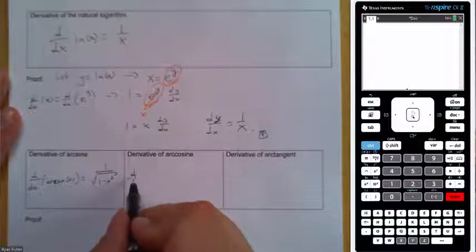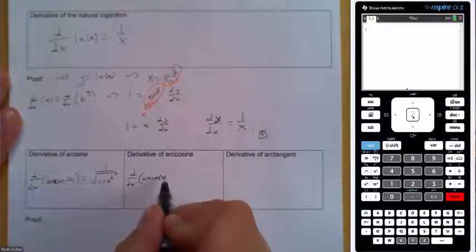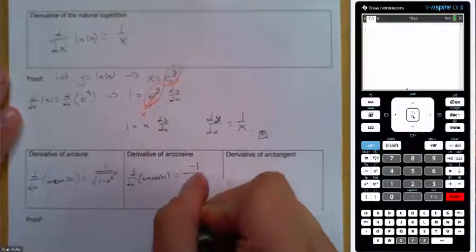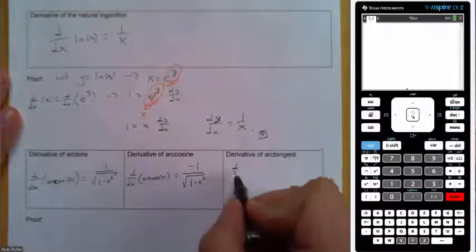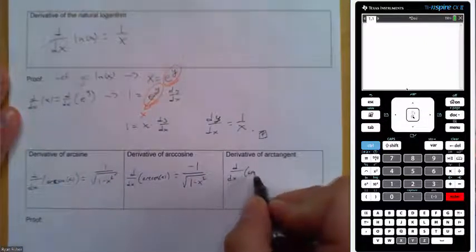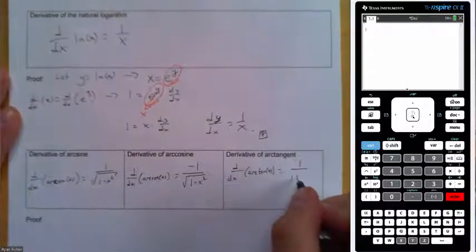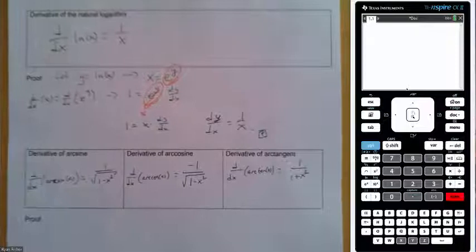The derivative of arccosine is basically the same, just negative. And the derivative of arctangent is 1 over 1 plus x squared. Again, these are all formulas from AP Calc, and these are in your formula pack.